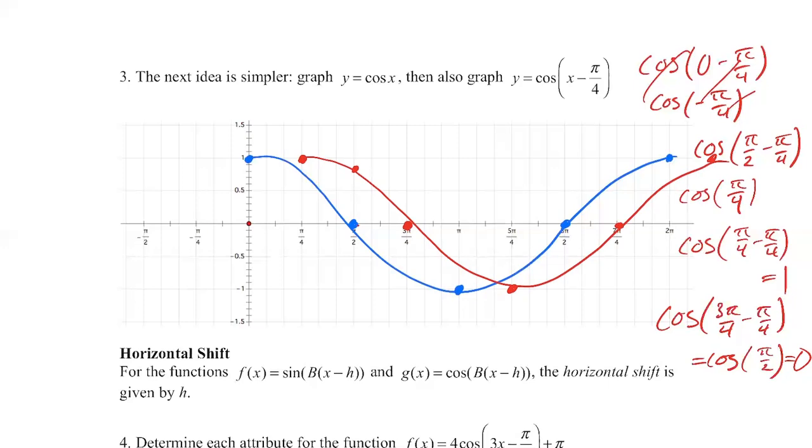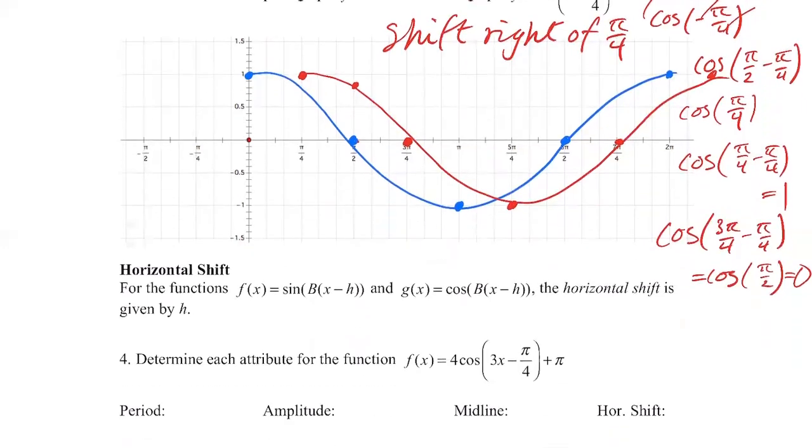So this is a shift right of pi over 4. Horizontal shift. For the functions f of x equals sine of b times x minus h and cosine b times x minus h, the horizontal shift is given by h.